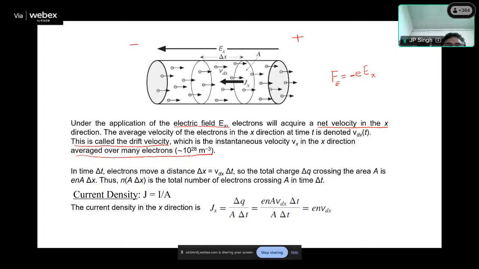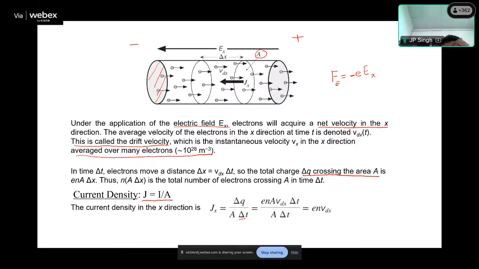Now we can figure out the current density in the x direction. Current density is simply current divided by area. Suppose A is the area of the conductor and I is the current. We can write the current I in terms of charge, delta q by delta t, that is, how much charge crosses the area A in time delta t.